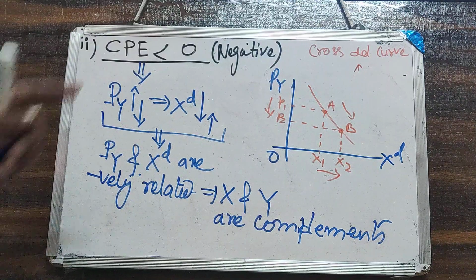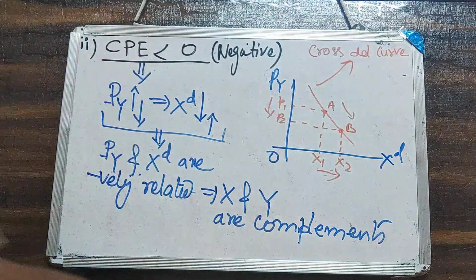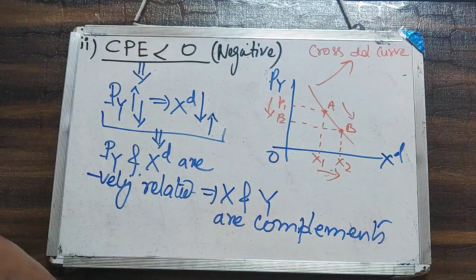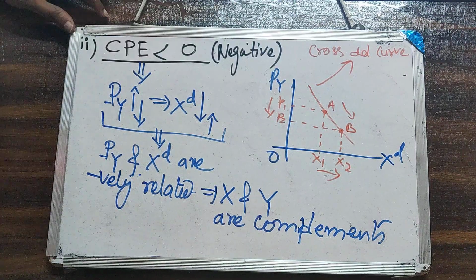So, in case of negative cross price effect, the cross demand curve is also downward sloping. Clear?